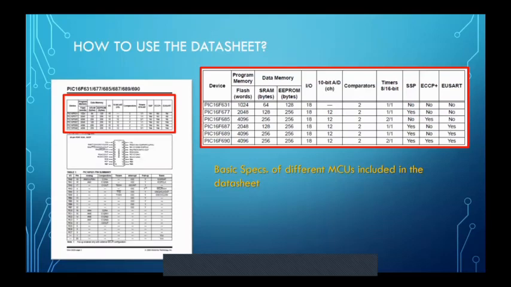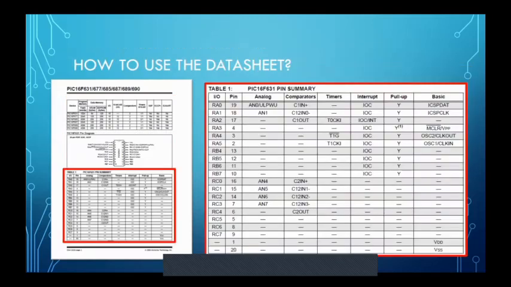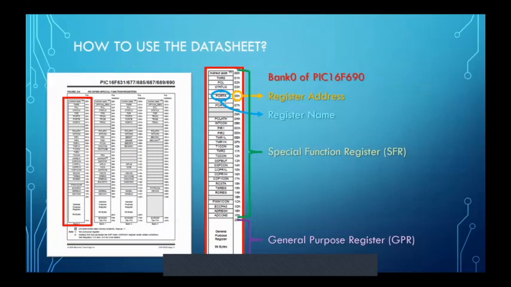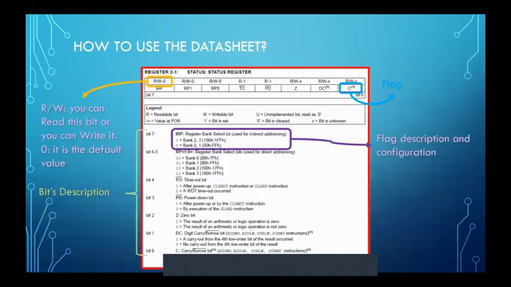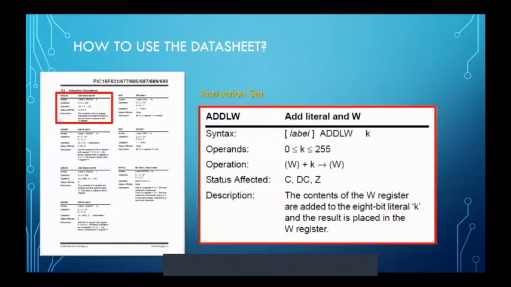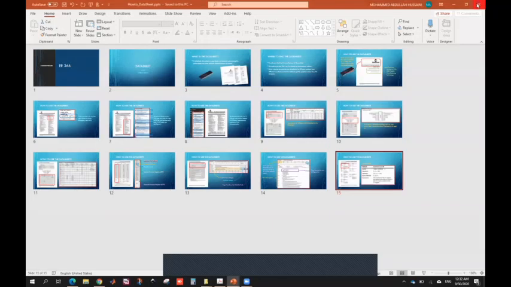There will be a table given to compare the different microcontrollers for which this data sheet is applicable, and you can also find the pin diagram and the summary of the pins, their functions, and the general purpose registers, the memory organization, name of the registers, their bit names, their default values, the power on values, and the page number on which you can find the detailed information, the bit values, the bit names, and description of each bit, and the instruction set. So all this information you can find in the data sheet.